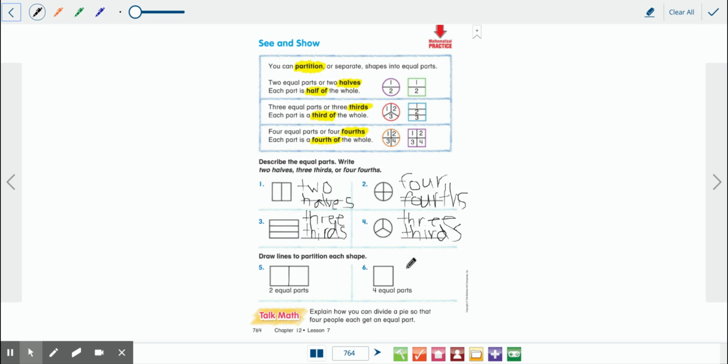And for number 6, they would like us to partition our square into 4 equal parts. So in order to do that, I draw 1 vertical line and 1 horizontal line. So now let's double check that. I have 1, 2, 3, 4 equal parts.